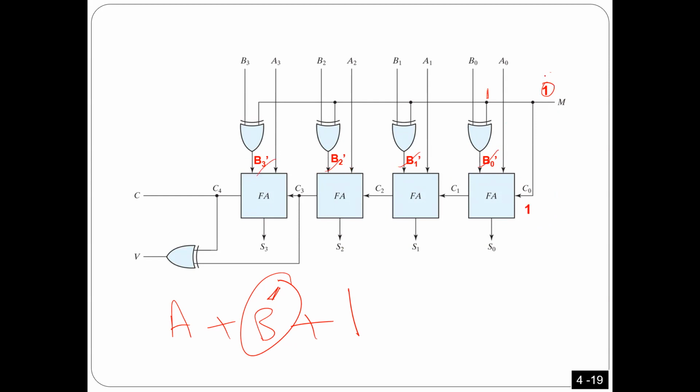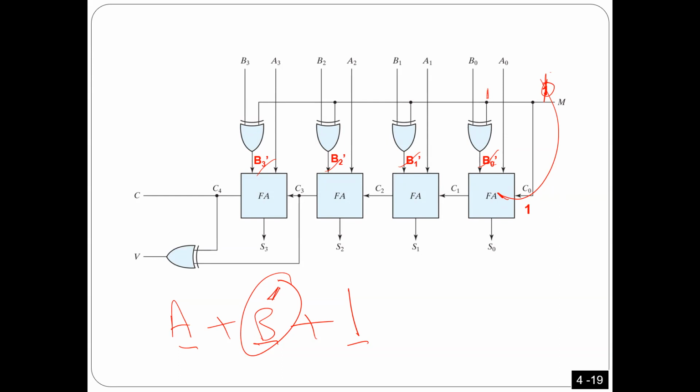If I put 1, we're going to have B prime, and the 1 is going to come here. So it's going to be A plus B prime plus 1. And this is the main reason why in chapter 1 I explained 3 ways to represent negative numbers, and I told you most modern computers use the 2's complement because it is more hardware friendly.